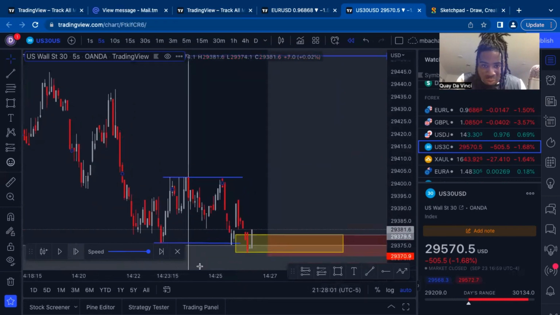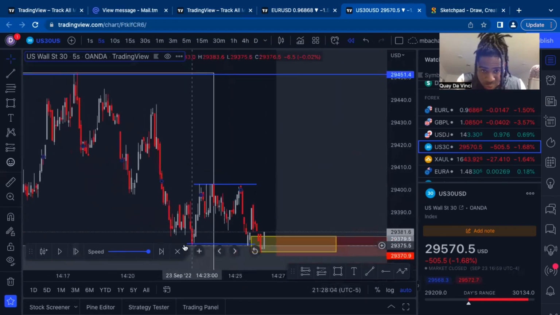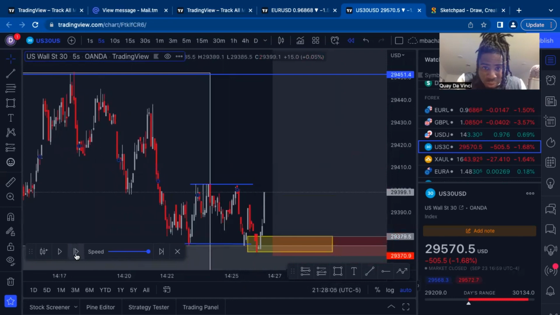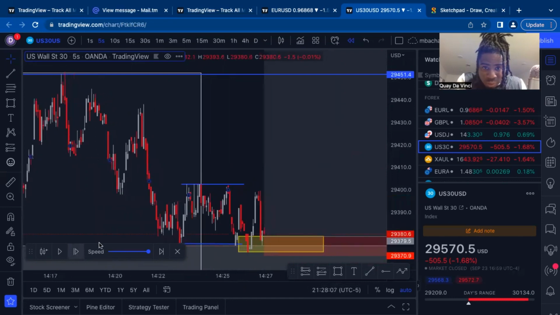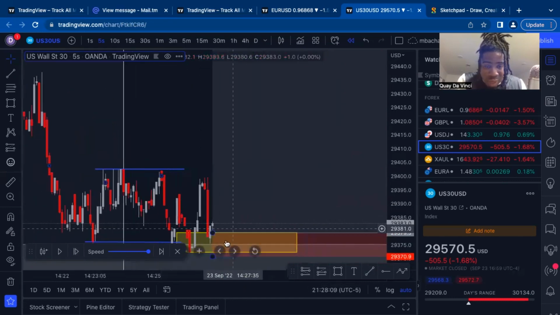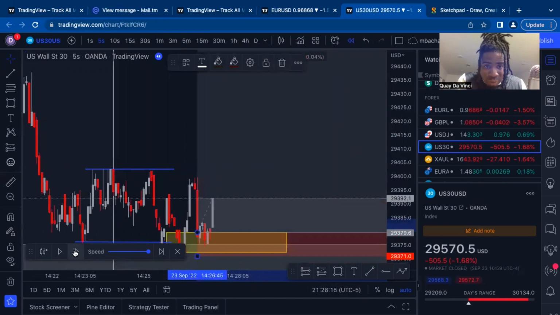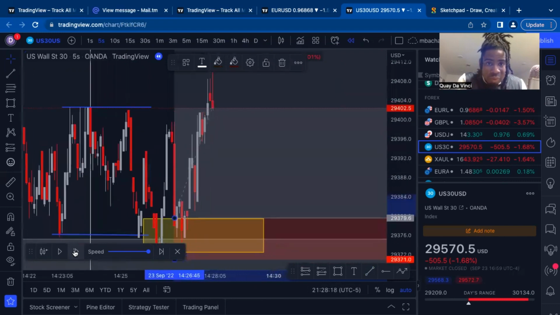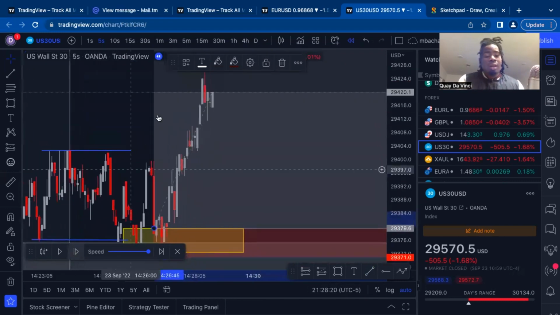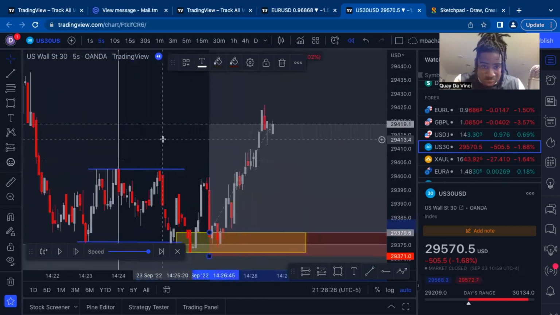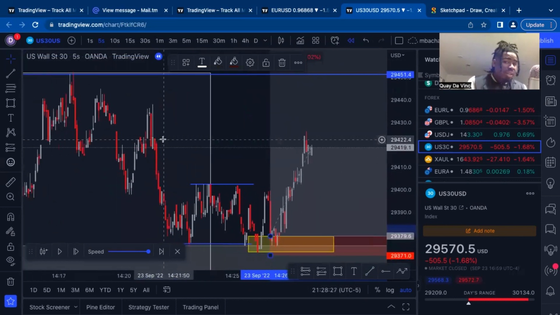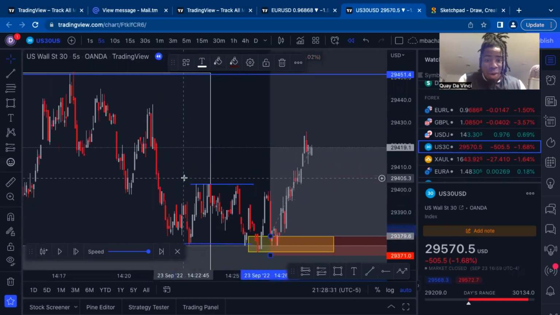So price takes out liquidity from the bottom of that range, right? Comes back and taps into that area after it takes liquidity. And what happened after that? Well, high prices. So this don't look exactly like the phases I drew because it didn't break the top of the range.